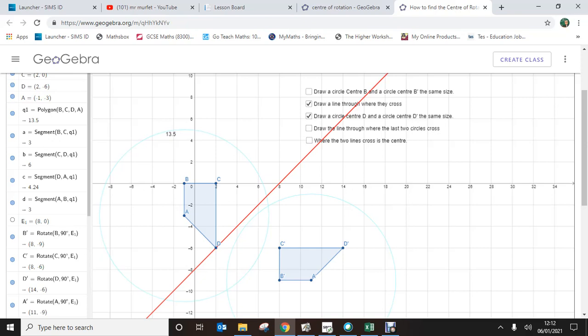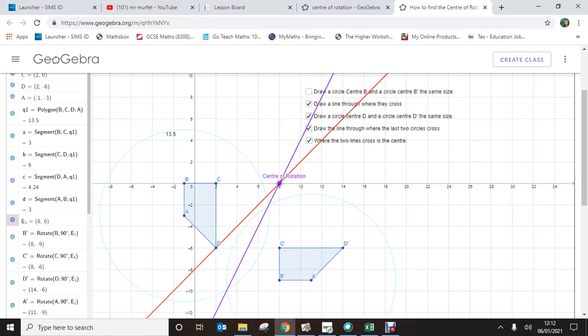Then again we draw a line that intersects those, and where the two lines cross, that's my center of rotation. So we're looking to find the two lines that are perpendicular bisectors, and that will lead me to the center of rotation.